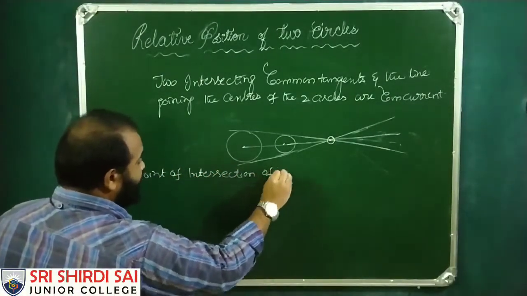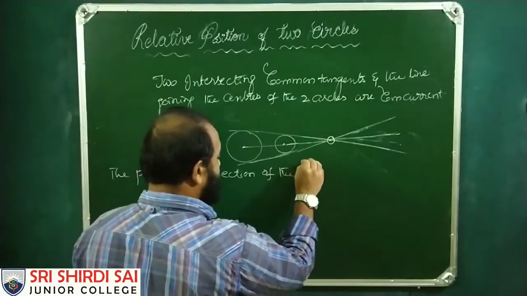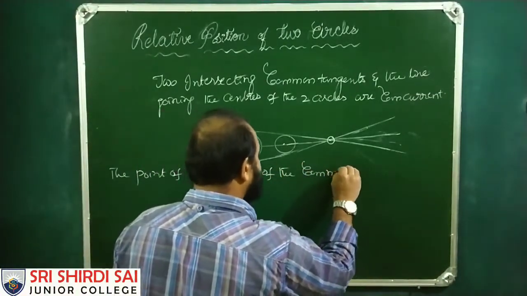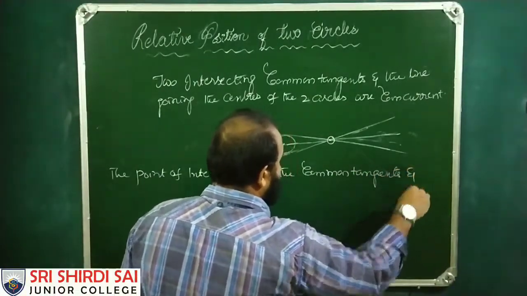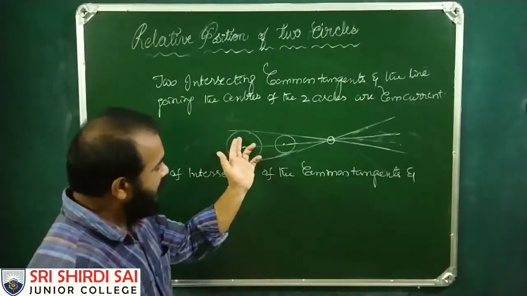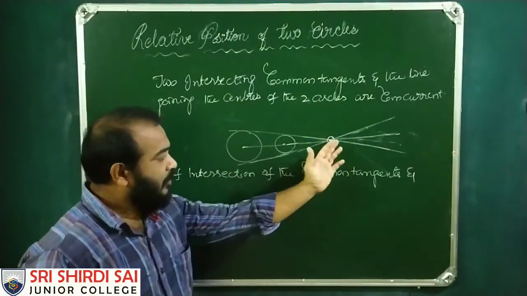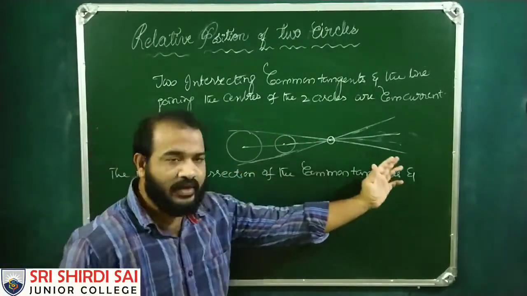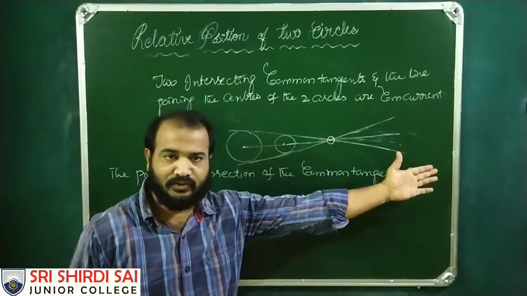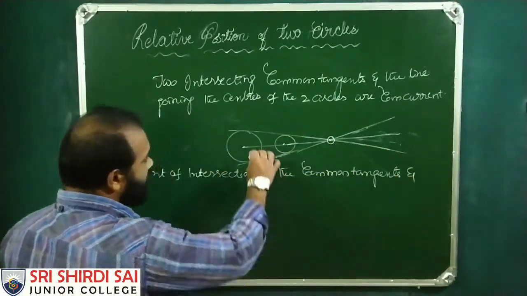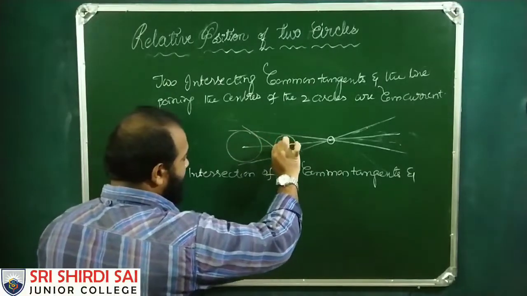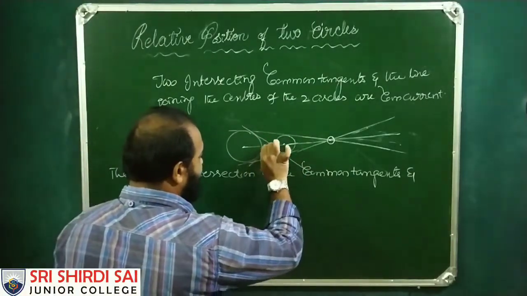Of the common tangents, this is the direct common tangents example I have taken and explained. Otherwise, you may even take the transverse common tangents as well, because this is a transverse common tangent and this is a transverse common tangent.